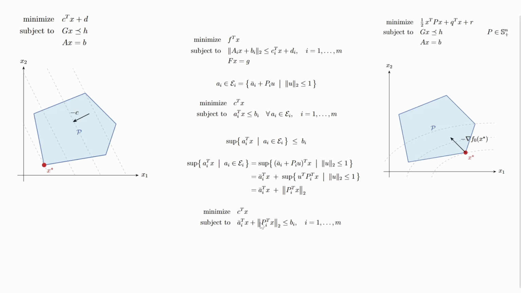Look in particular at this norm term here. You can see it's penalizing x for being large in the directions where the parameters are uncertain. Where the parameters are uncertain, they'll show up in your P matrix. And if x is large in that direction, then this 2 norm will be big. And that's not good because we want it to be less than b_i.